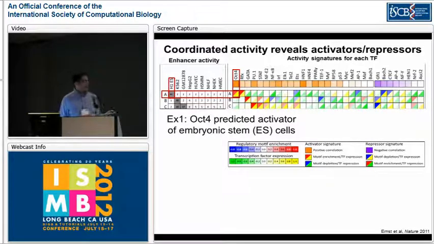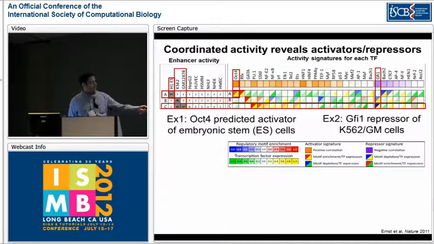So in this case, we have an agreement for the motif for OCT4 being specifically enriched in H1 embryonic stem cell enhancer clusters and it being specifically expressed. So we can predict OCT4 as an activator. Conversely here, GFI1 is also specifically expressed in these two cell types, but its motif is depleted.